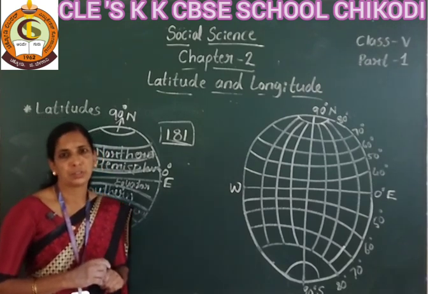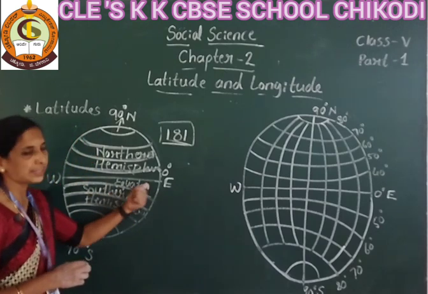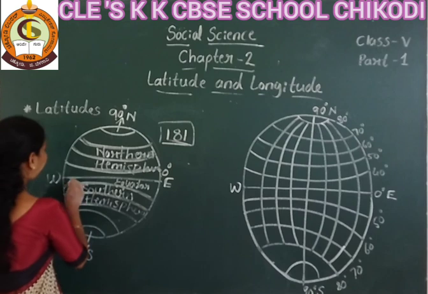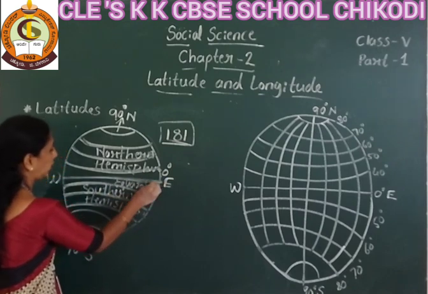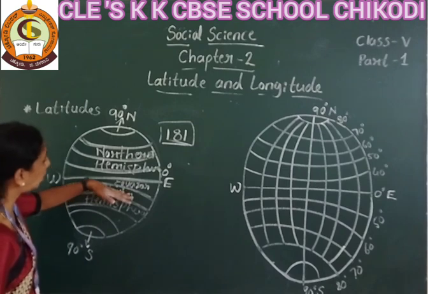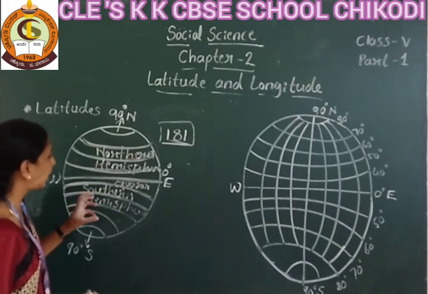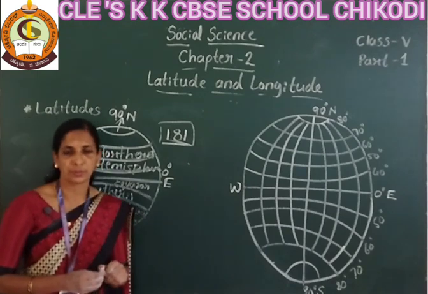And the earth is divided into two parts. This middle line divides the earth into two parts. That middle line we call the equator. What is that middle line?